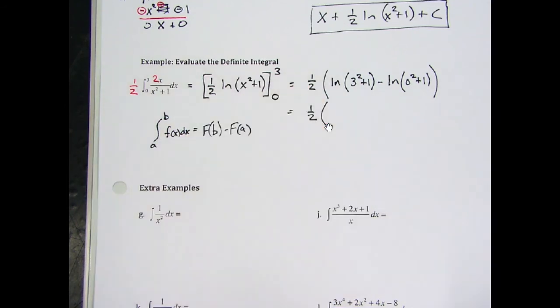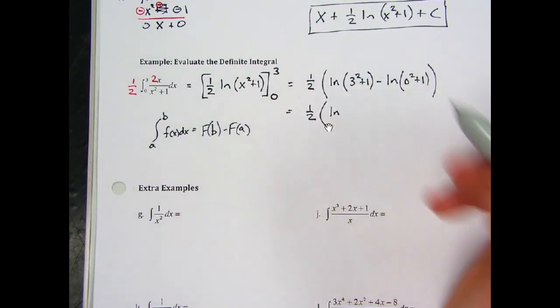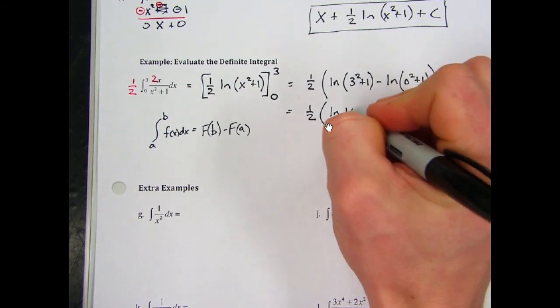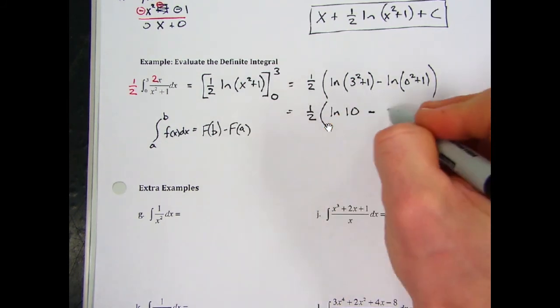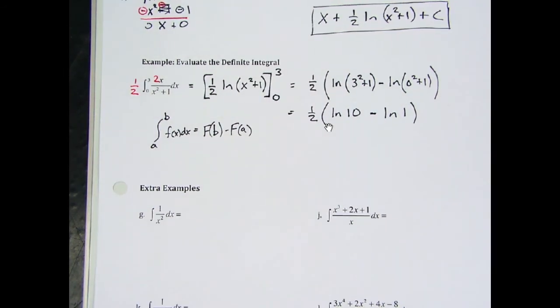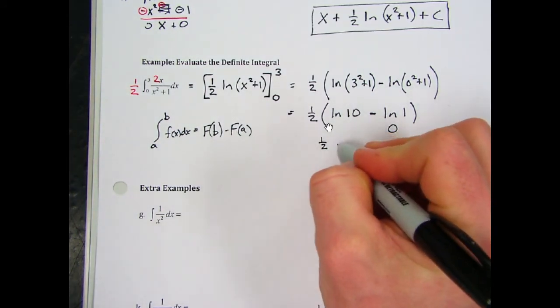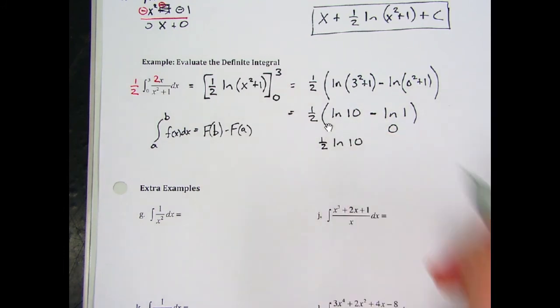So what is this? Natural log of 10 minus natural log of 1. And what is the natural log of 1? Yeah, you do. 0. So this is really 1/2 the natural log of 10, which, how else could we write this?